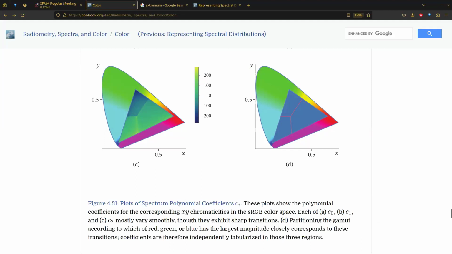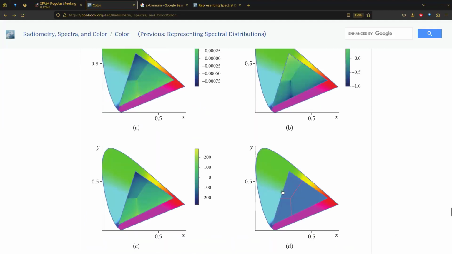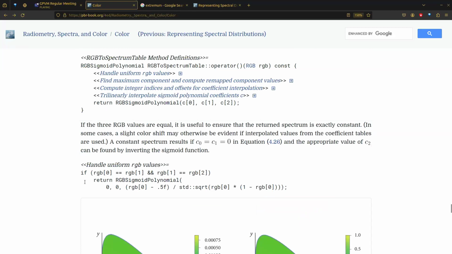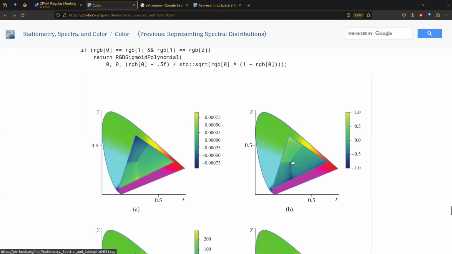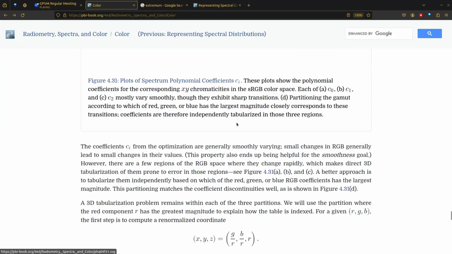Coefficients are therefore independently tabularized in those three regions. Okay, so that's what they're talking about when you have these uniform things. Those are kind of like, yeah, when they're all the same or something.